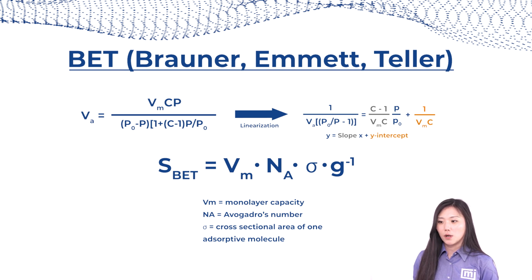From the slope and y-intercept, we can calculate the monolayer capacity and then the C constant. Knowing the monolayer capacity, we can calculate the BET surface area by converting that to the number of gas molecules and then multiplying that by the cross-sectional area of one adsorptive molecule. And then finally normalize that surface area per gram of sample mass.